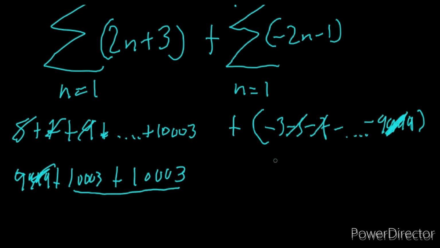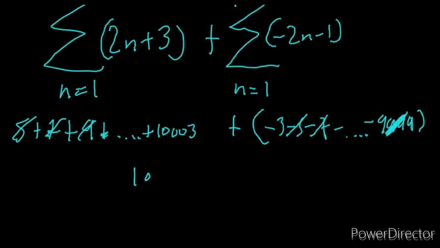Everything cancels except for this -3, because there is no 3 here. So -3 is left, 10,003 is left, and the previous term before it is left. Basically you'll be left with -3, 10,001 and 10,003.